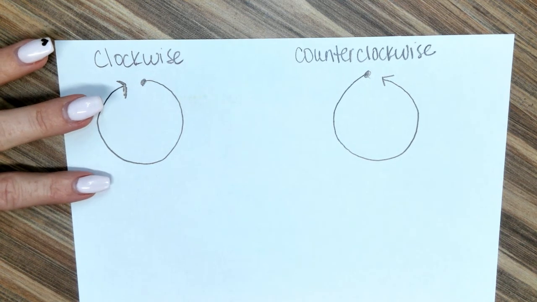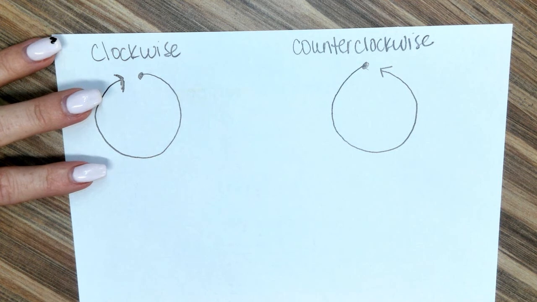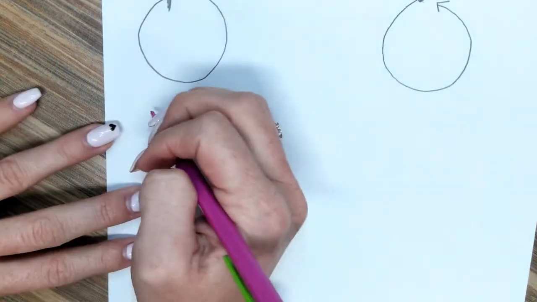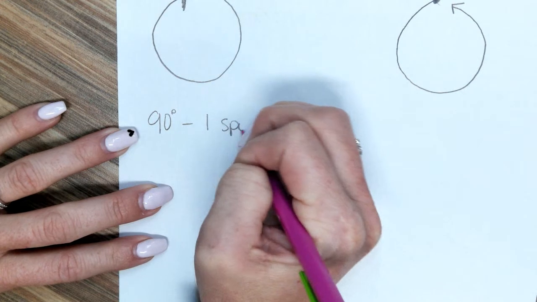The next thing you need to understand is how many degrees we're going to turn it. So I want you guys to write this down. 90 degrees is one spot.